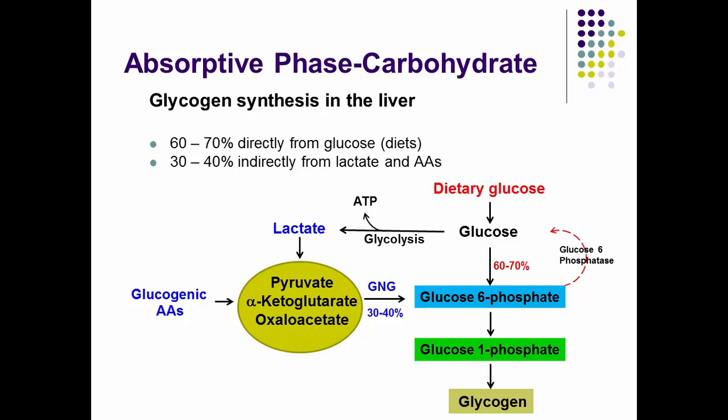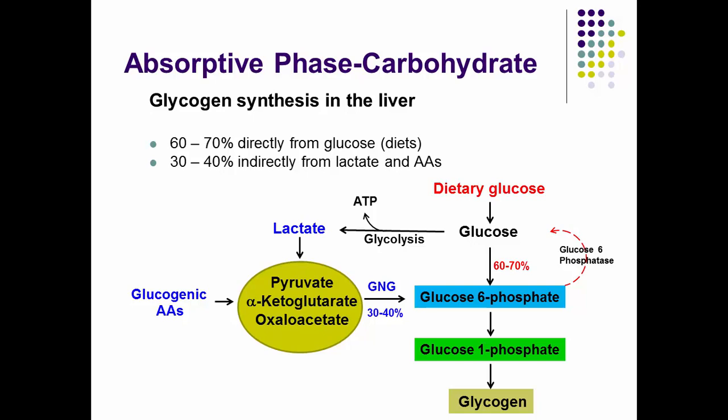The other 30 to 40% is indirectly from lactate and amino acids. We already explained that the liver partially oxidizes glucose to make lactate. This lactate is used to make glucose and is stored as glycogen through the gluconeogenic pathway.